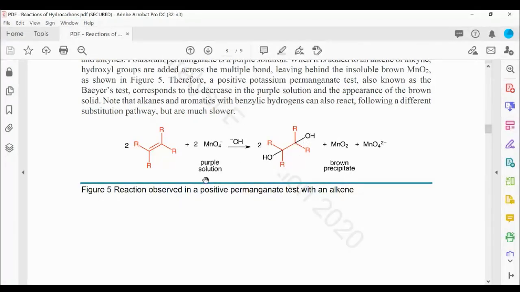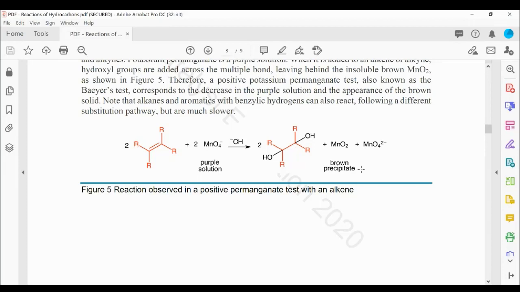The permanganate originally is purple. So you add a few drops of a purple solution, and then what happens? You will see a brown precipitate of manganese dioxide. And if the color purple changes to brown, that means that the reaction is positive.